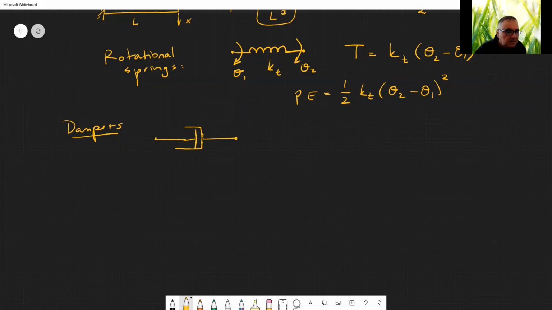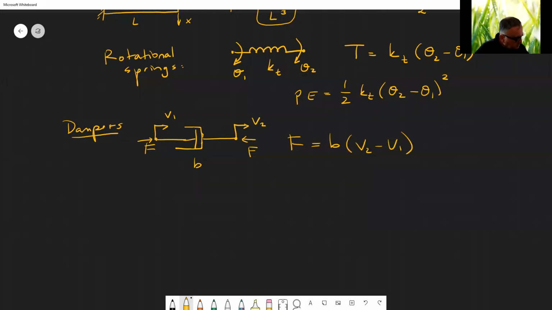Let's say this has a B1, this is B2. Let's say that this is C or B or whatever. So the force that is applied here, F, is equal to B times, let's say, V2 minus V1.